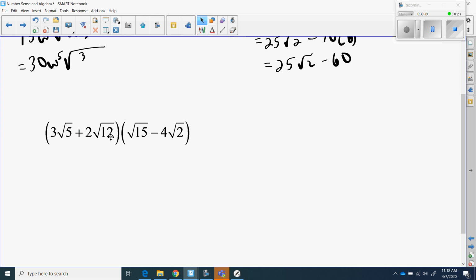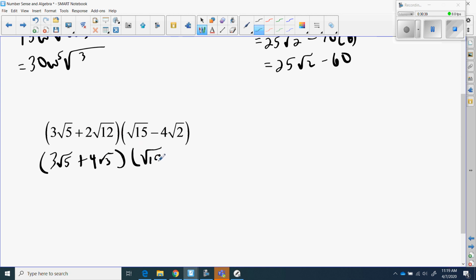This one would reduce. We might want to do that first. Let's do that first. So 3 radical 5 doesn't reduce. 12 is 4 times 3. The square root of 4 is 2 times that 2 is 4 radical 3. 15 doesn't reduce. No perfect squares go into that one. And this one doesn't reduce.